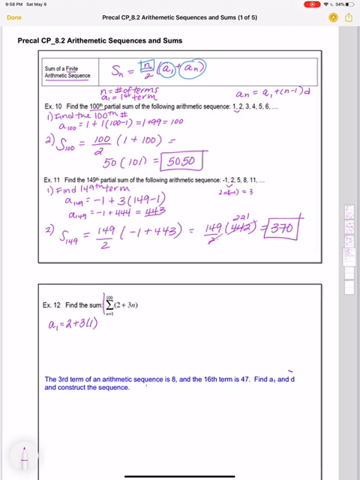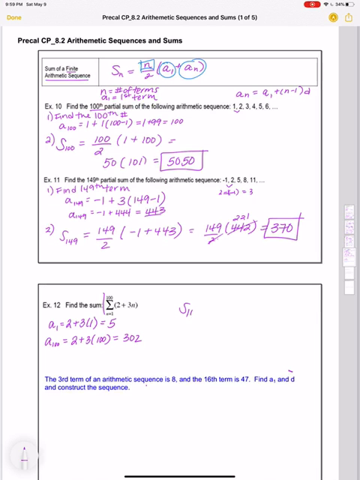So that will be 2 plus 3, so 5. And then what is the 100th term going to be? 2 plus 3 times 100 is 302.